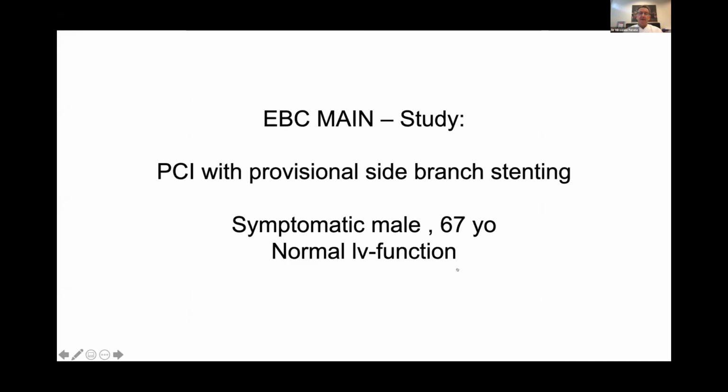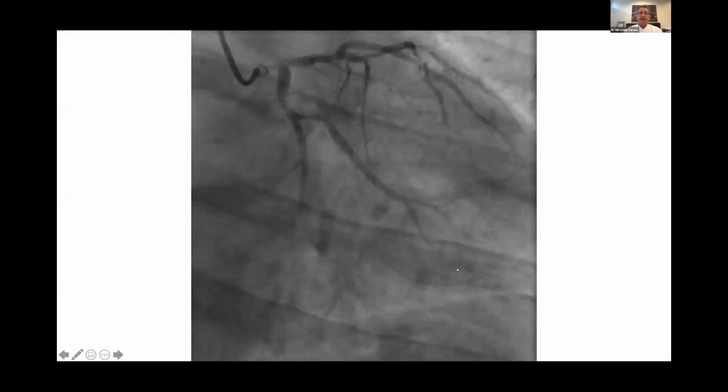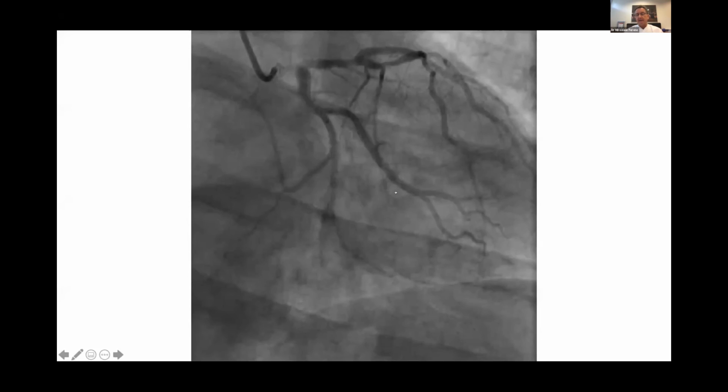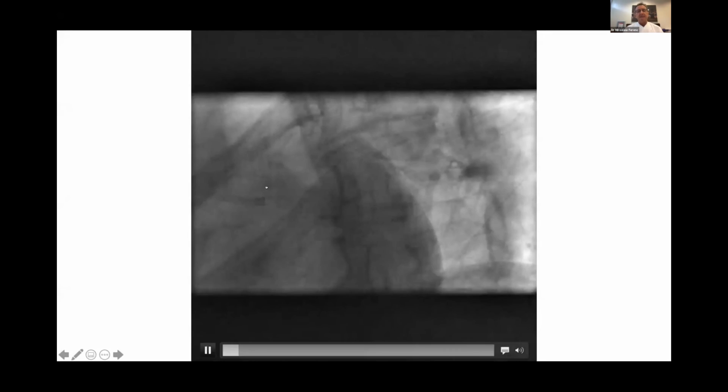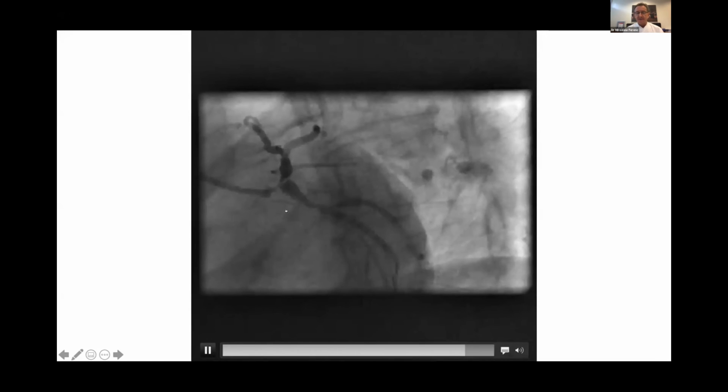And this is now another patient from the ABC MAIN study with this difficult anatomy, and definitely Medina 111, but very short lesion in the circ.